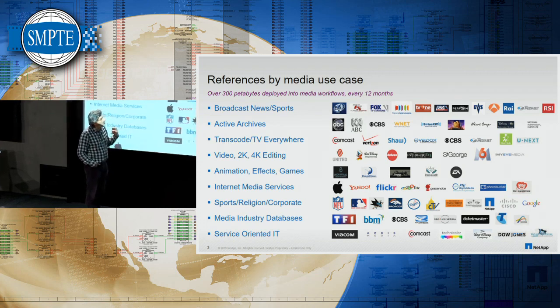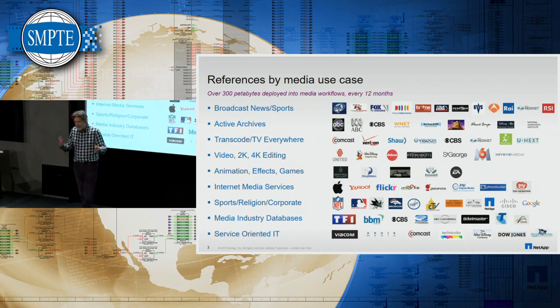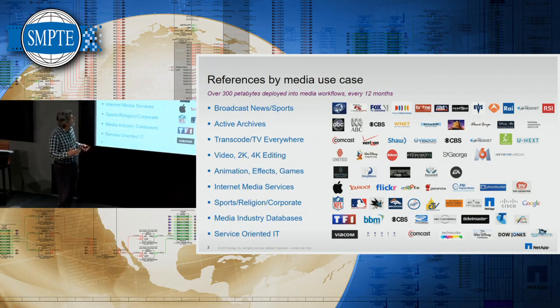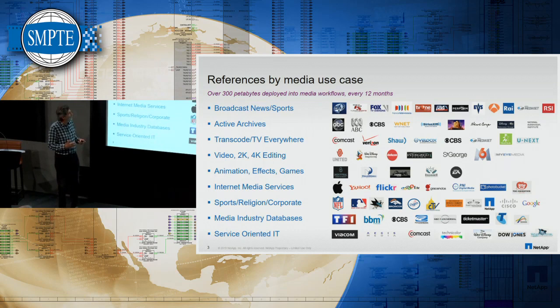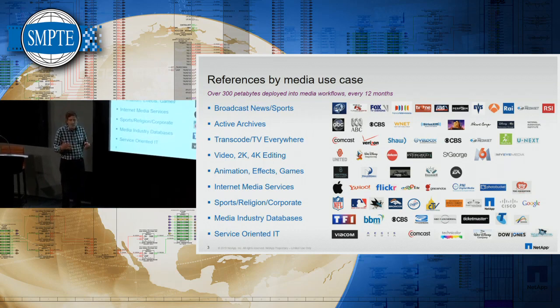I want to talk about media and entertainment for a minute, and media work use cases or workloads, not even workflows, just the workloads of the systems. And they vary quite a bit.